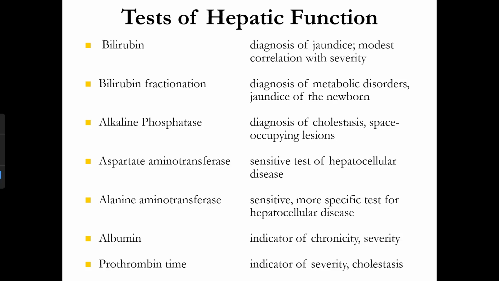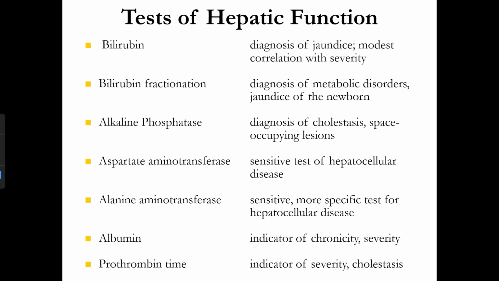Aspartate aminotransferase, the sensitive test of hepatocellular disease. So this is your AST. Alanine aminotransferase, sensitive, more specific test for hepatocellular disease. So this is your ALT.